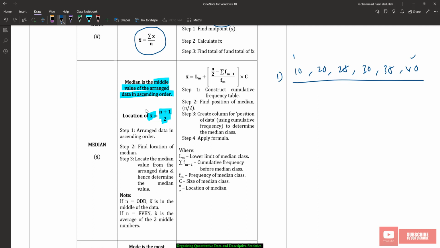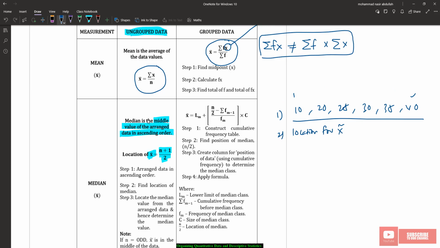So this is the first step. Second step, to find median for ungrouped data, we need to find the location of median. Before I forget, the symbol for mean is X bar. This is the symbol for sample mean, right?